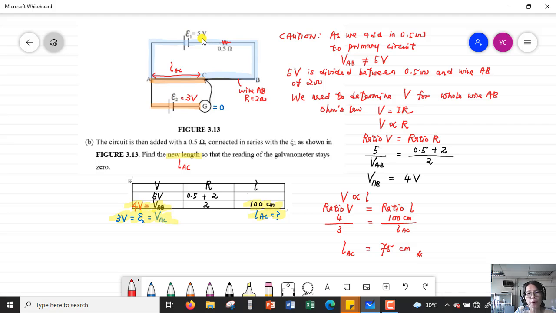The 5 volt will be divided between the 0.5 ohm and the wire AB. So in order to get the new balance length, we need to find how much voltage is taken by the whole wire. So we apply voltage proportional to R. We find that now the voltage across the whole wire will be 4 volt. So the 4 volt is given to the whole wire of 100 cm.